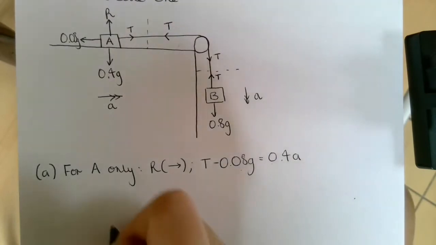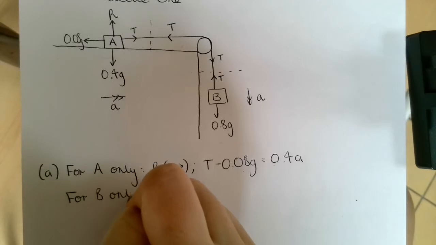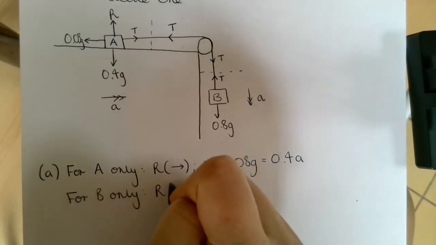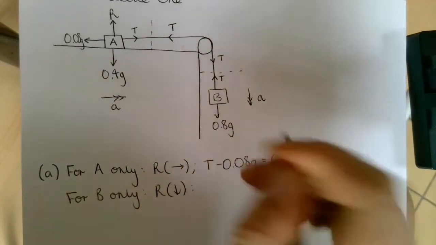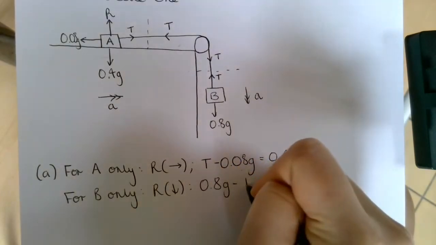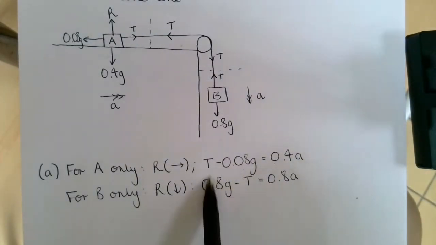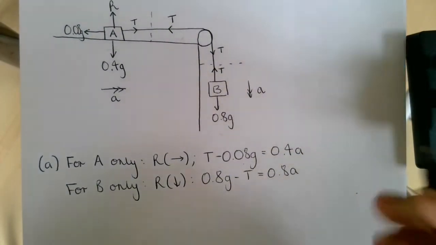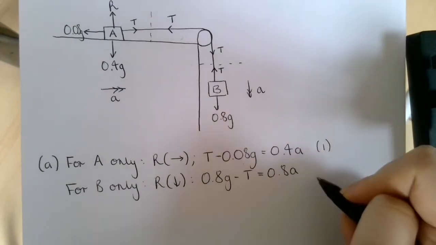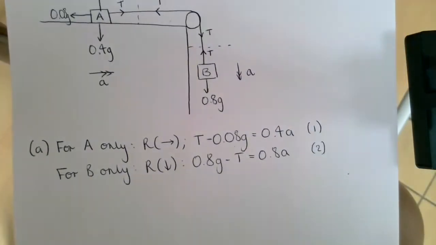Then for B, if we resolve downwards, we get 0.8 g subtract T is equal to 0.8a. F, resultant force, equals ma. I'm going to call this one equation 1, this one equation 2.